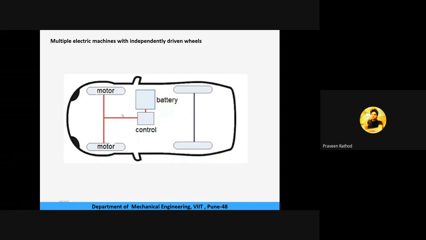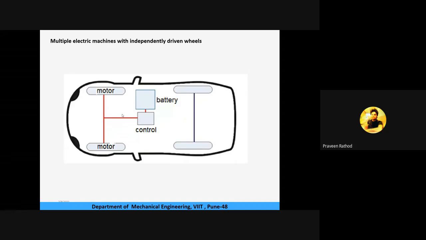So if the speed of the motor is slow, the torque should be very high. But in the case of fixed gearing, belt drives or a planetary gearbox can be connected between the motor and the wheels, to provide better speed for this electric vehicle.